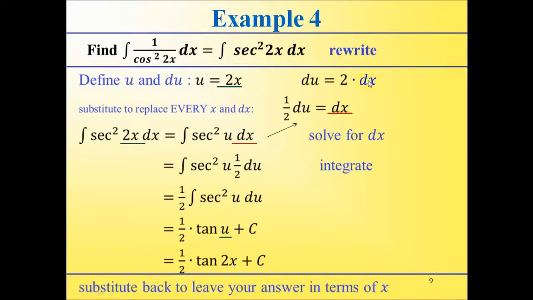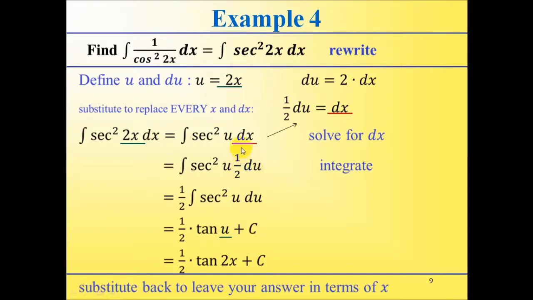Then we must rewrite it, substituting to replace every x and dx. For example, we want only dx in here, so we get half du is equal to dx. So in here we get the integral of secant squared of u, and dx is equal to half times du.